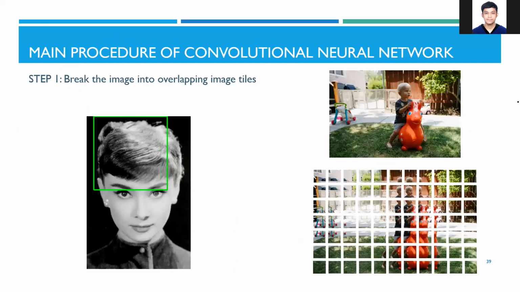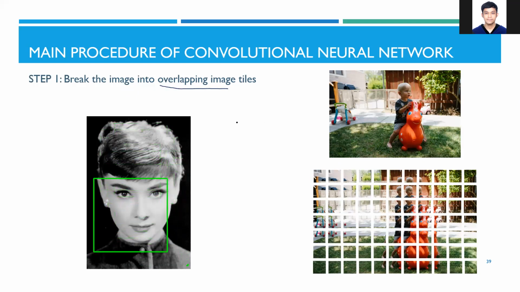Okay, for more detail, for example, in a convolutional neural network, first, if we give them a picture, they will break the image into an overlapping image style. So they will cut the picture into smaller pieces. However, don't forget it is an overlapping image.